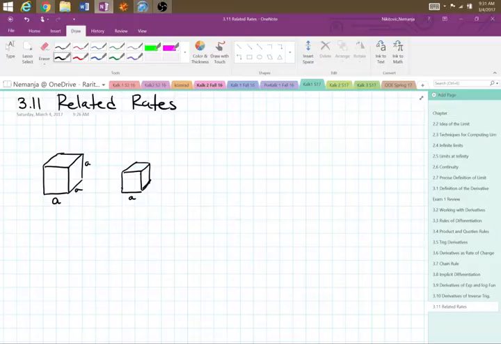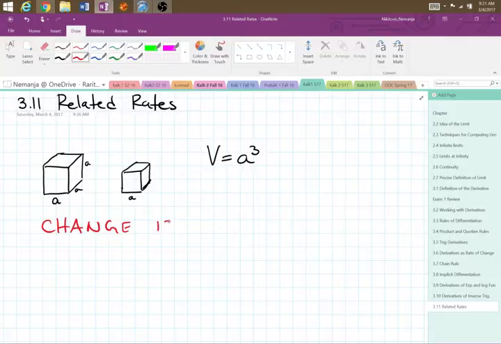So what we are going to do is establish the connection between these values. I know that the volume equation is V equals A cubed. Now I'll write this in blood in capital letters because this is the key. Change happens in time.